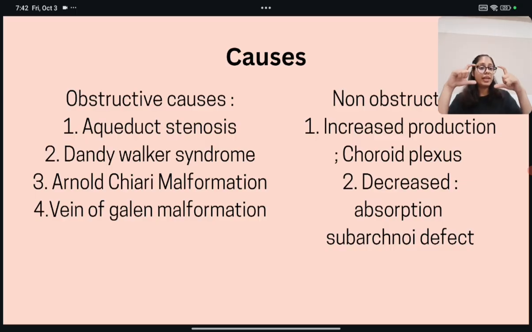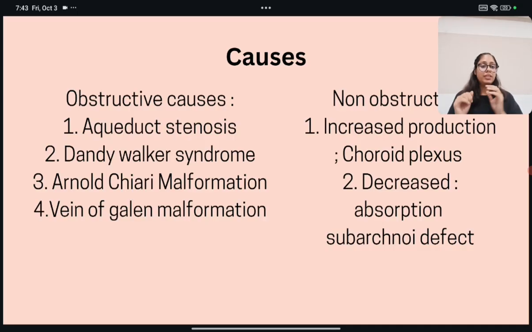The lateral ventricles, the third ventricle, fourth ventricle, and all the foramens and connections between them. If there is obstruction in this particular path, then it can lead to hydrocephalus, right? The CSF is going to get accumulated in the previous part, and there will be dilations.